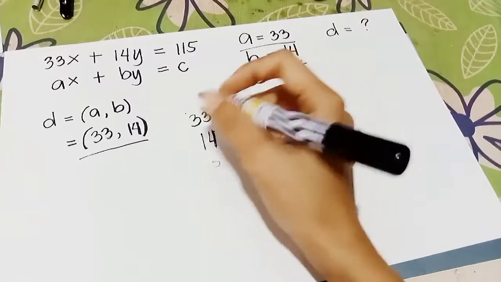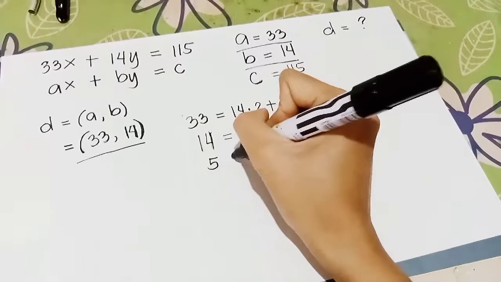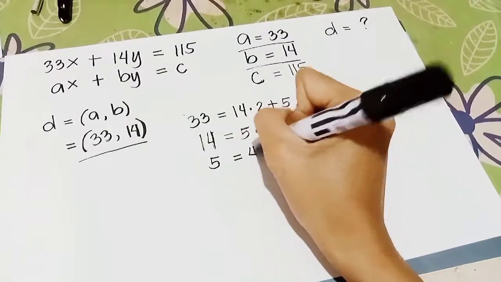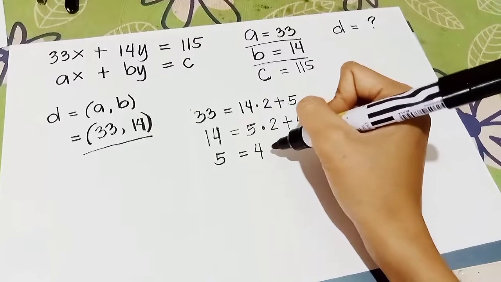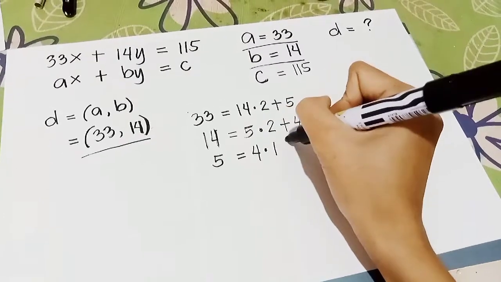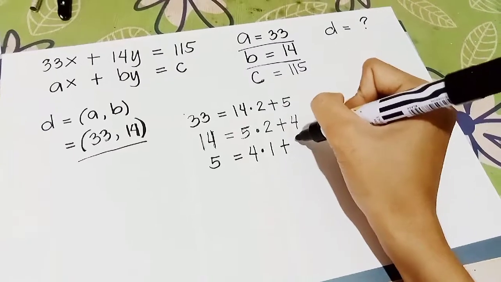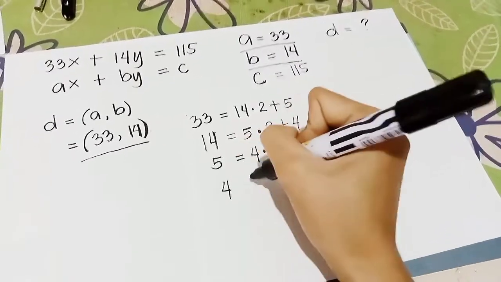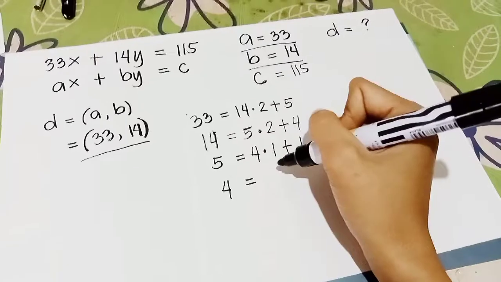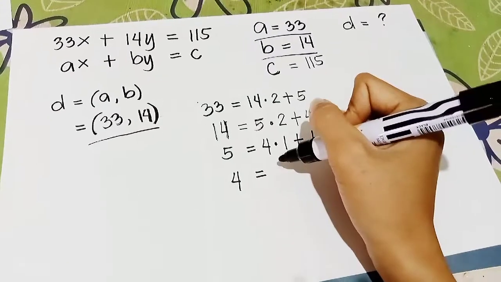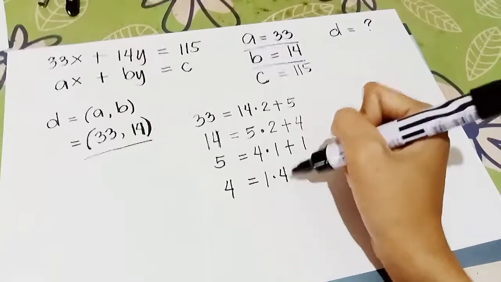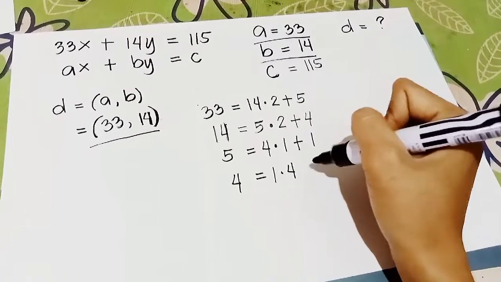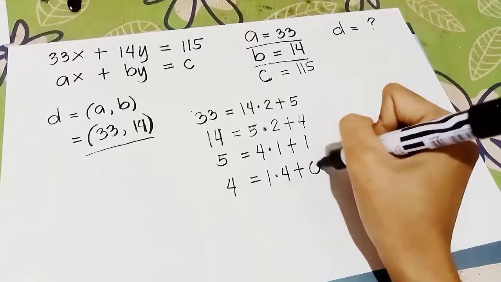Then 5 divided by 4 is 1, with remainder 1. Just continue the process. 1 times 4, so we don't have a remainder now, so plus 0.